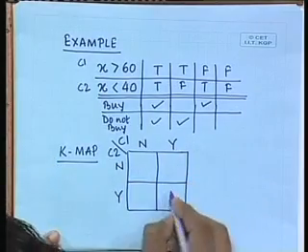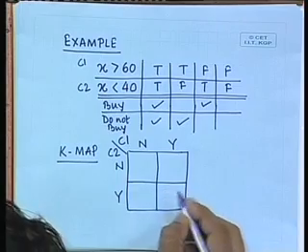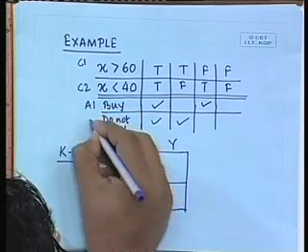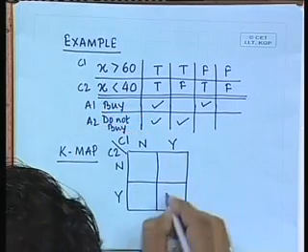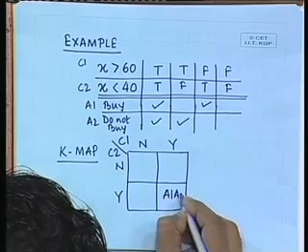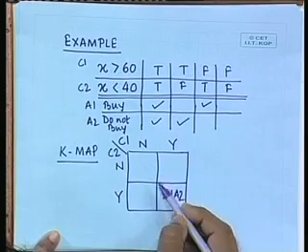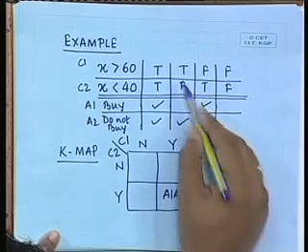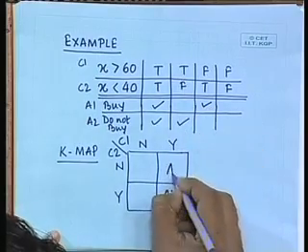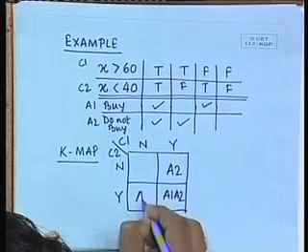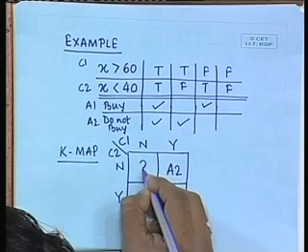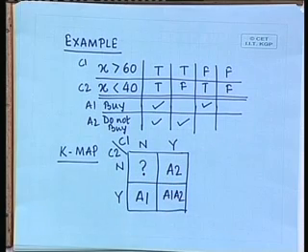When both are true, we get both decisions. When only C1 is true, then we have A2. See, this is the KMap. So, this KMap essentially shows two things. What are those two things?